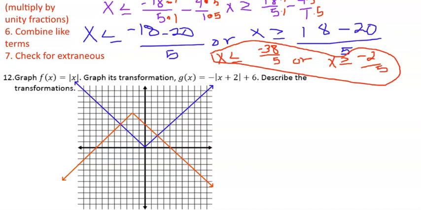And then the transformations: it was reflected across the x-axis. It went left 2, and it went up 6.